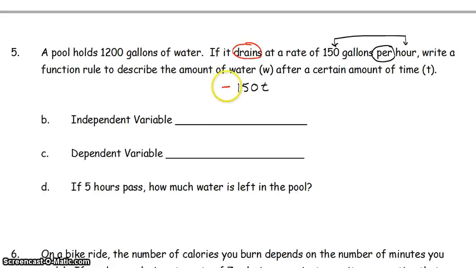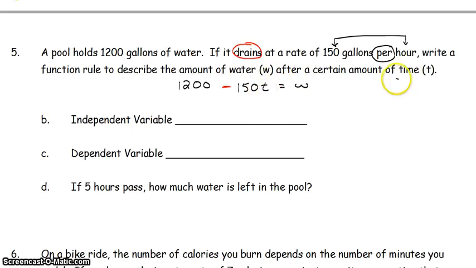So you're going to be subtracting this because it says drains. It also starts with water in it, 1,200 gallons of it to be exact. So it's going to be that 1,200 gallons minus 150 gallons times the number of time. That's going to equal the amount of water in it.